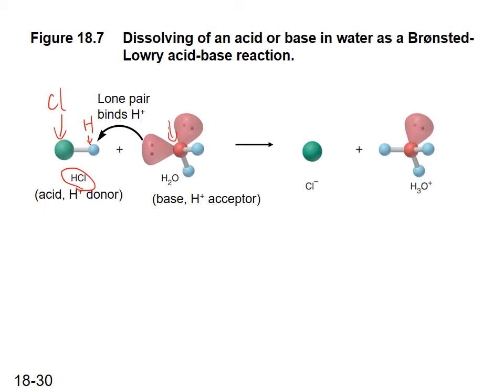The center one, the red one, is oxygen with two hydrogens, and these two are lone pair electrons. One of the lone pair electrons goes between this hydrogen and oxygen, forming a new bond. The chlorine-hydrogen bond breaks and gives you a hydronium ion and a chloride ion.